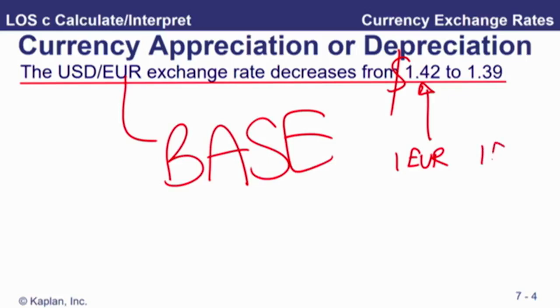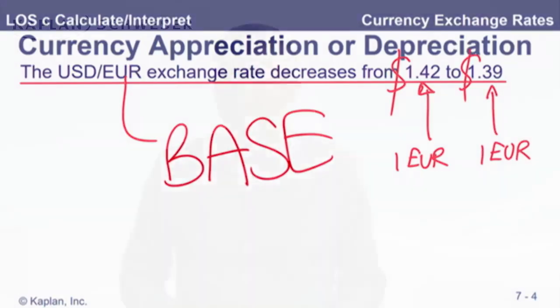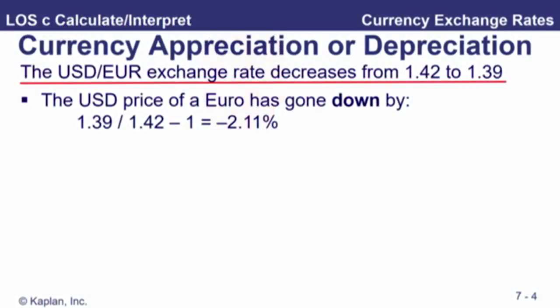Now, that same single shiny euro buys me only $1.39. My single euro used to turn into $1.42. Now it turns into only $1.39. That means my euro is buying fewer dollars and is therefore depreciated. And we can work out by how much.